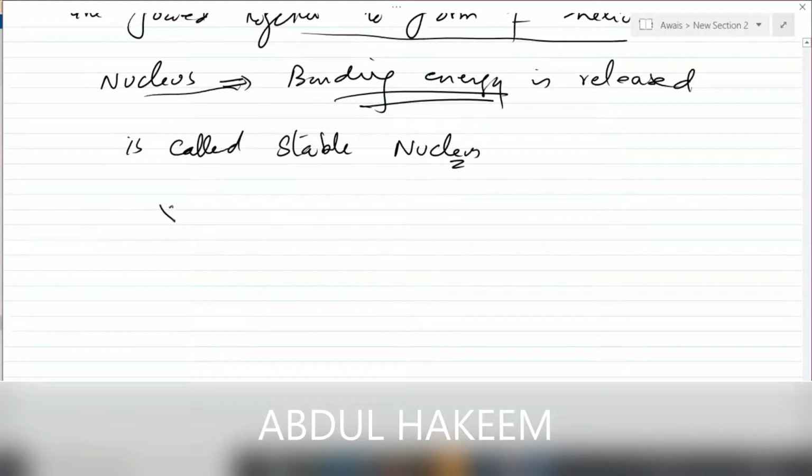For example, this is X. After the decay, Y is formed and some energy is released, then this Y element is more stable than X. So after the release of the binding energy, the element, nucleus, atom becomes more stable.